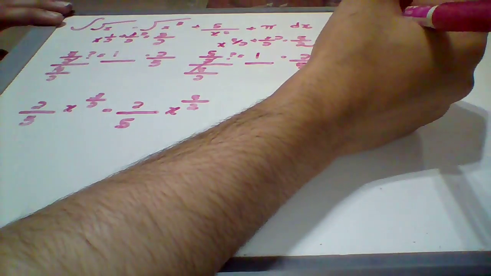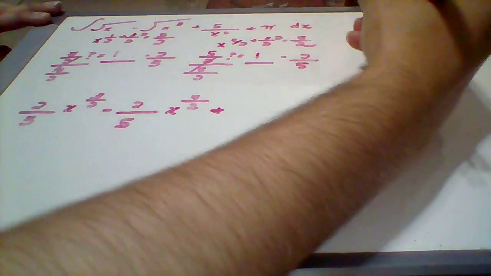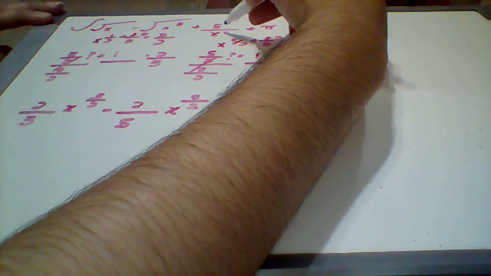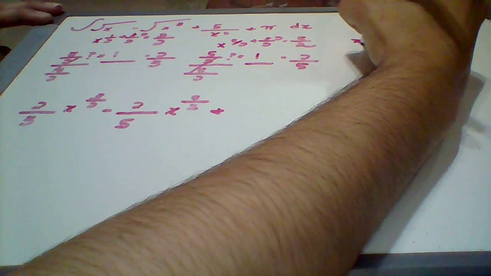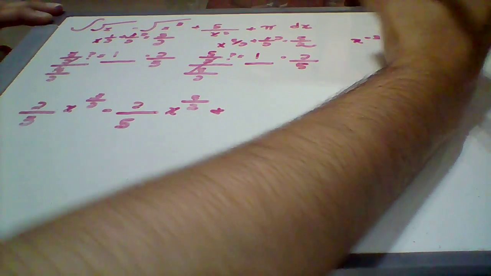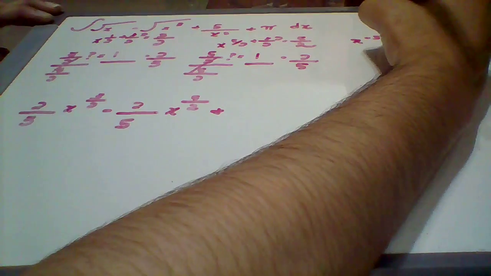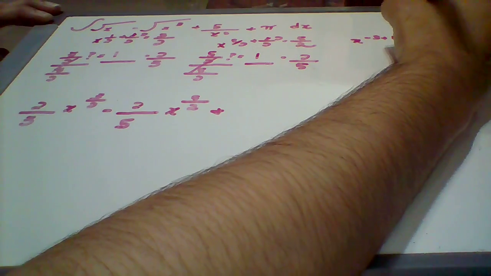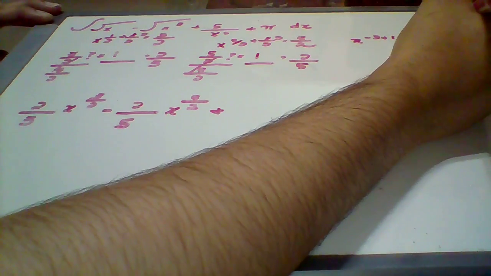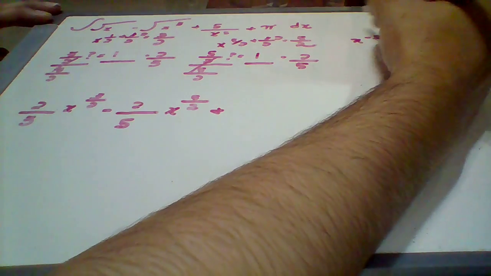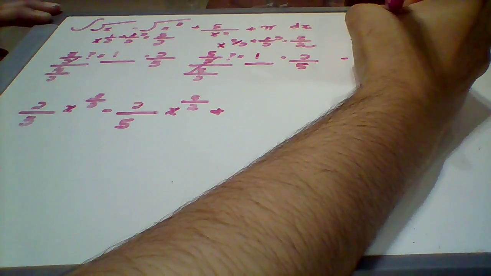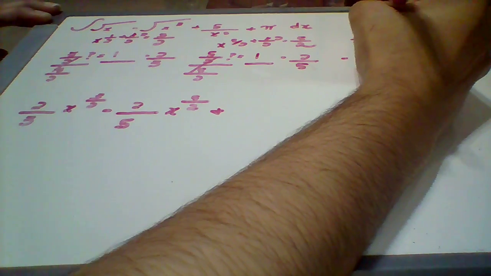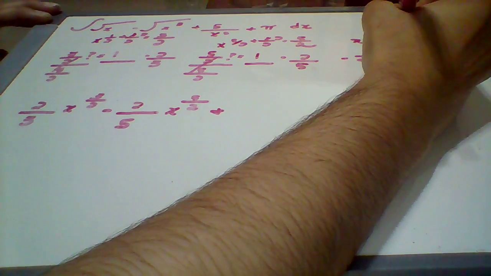And then for the next term, there's an x cubed in the denominator, so that would turn into x to the negative 3, because I'll bring it up to the numerator, and then I'd add 1, which would make it negative 2, and then I'd bring that in the front, so that'd be negative 2x to the negative 2.